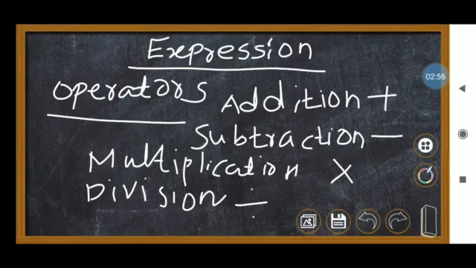By using these operators, what operations can we do?